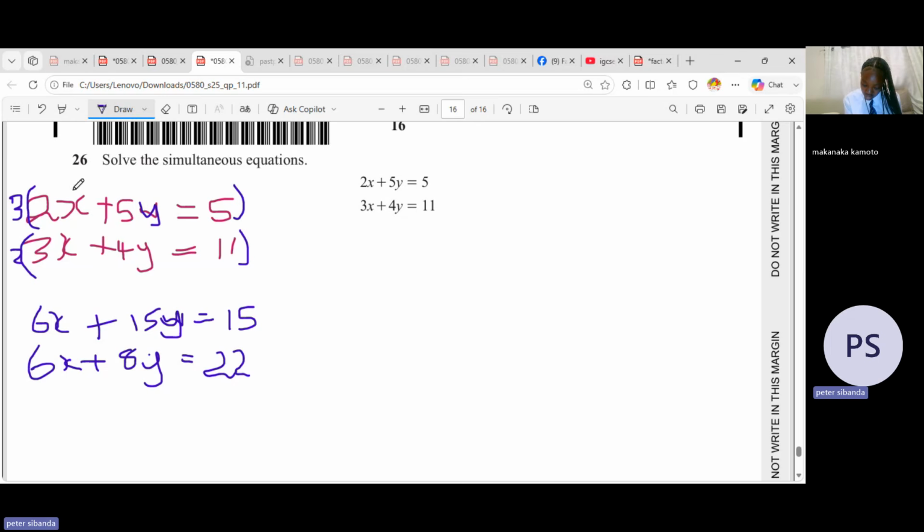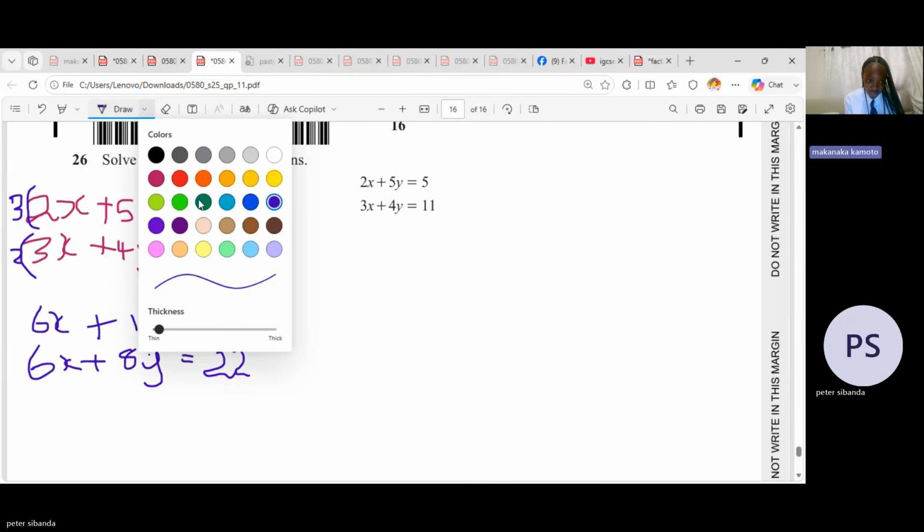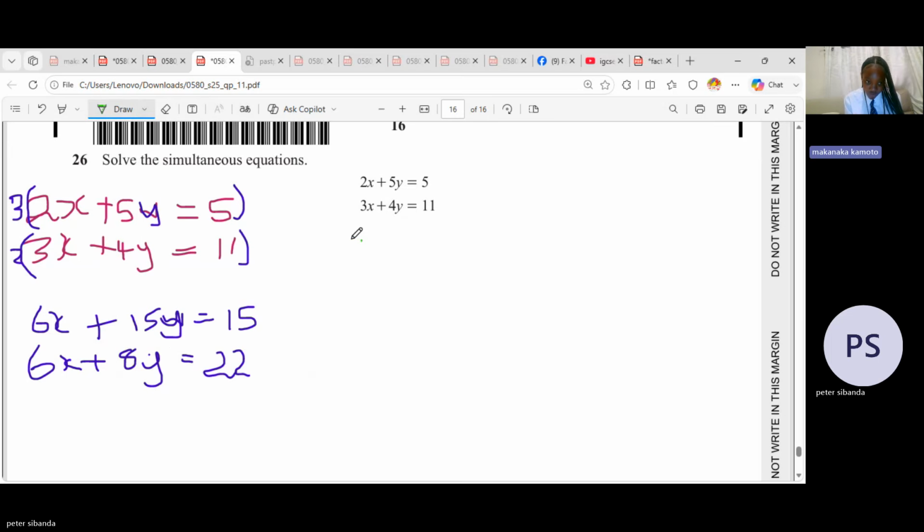What do we do? And then we subtract the 6x minus 6x, which gives us a 0, which means it's now eliminated.